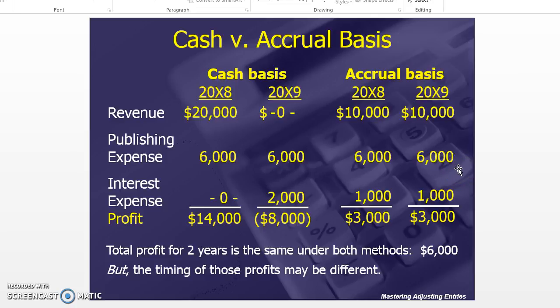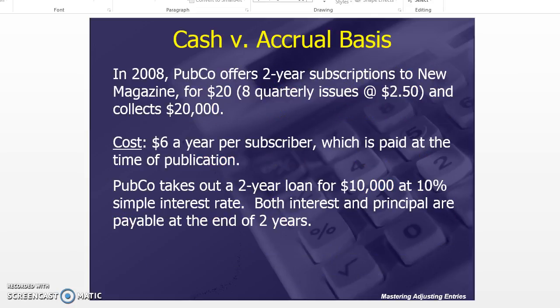As I mentioned in the earlier slide, that's definitely very possible. But now let's go down to interest expense. This is interesting. If we flip back very quickly, we see it was a 2-year loan, $10,000 at a 10% simple interest rate. Simple interest, and you need to know this, is principal times rate times time.